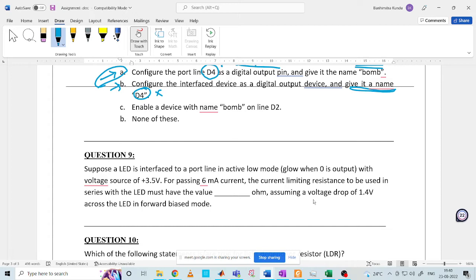Yes, sir. Okay, good. The anode is connected to 0 volts. So it is said active low. So the anode is connected to ground.